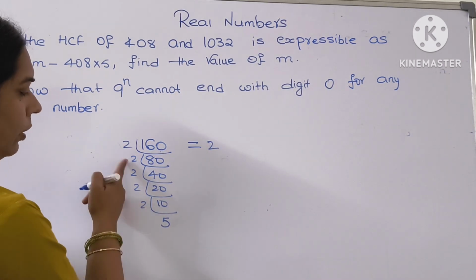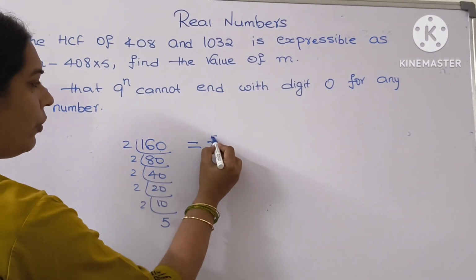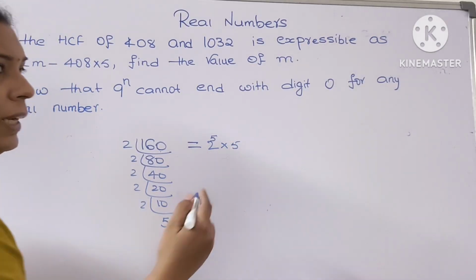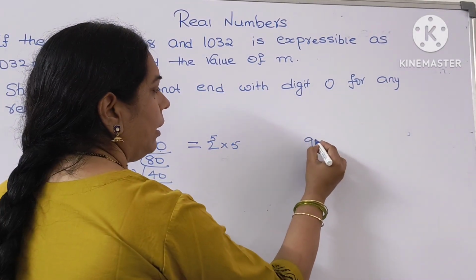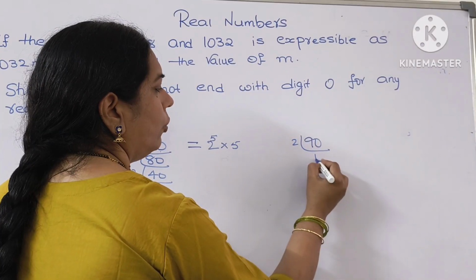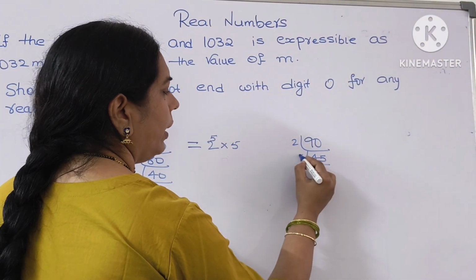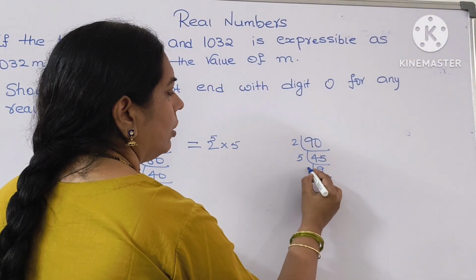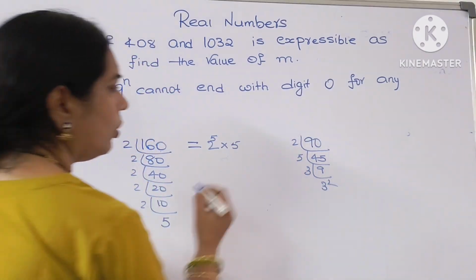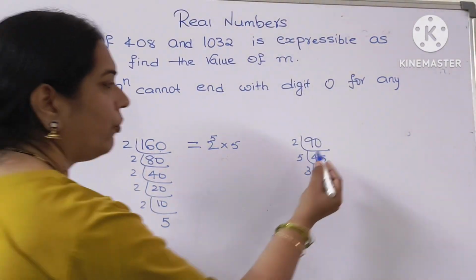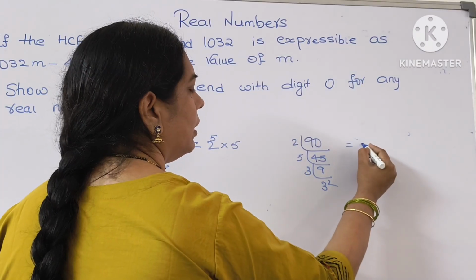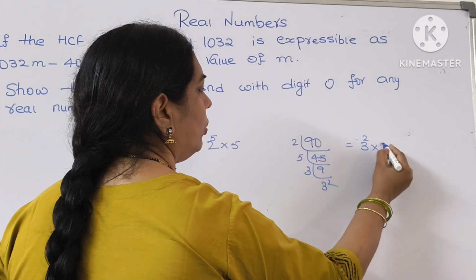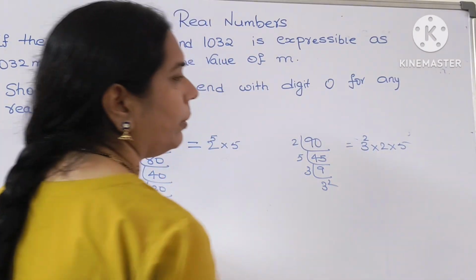So 2 power 5 into 5. Let me take some other number. Let me take 90. 2 45s, 5 9s, 3 squared. So for 90, the prime factorization is 3 squared into 2 and 5.